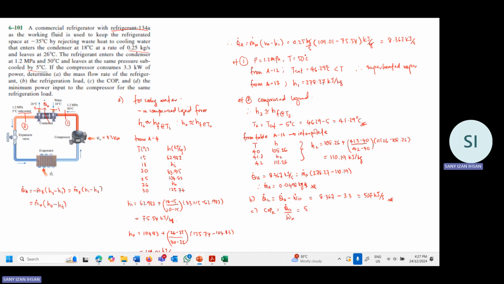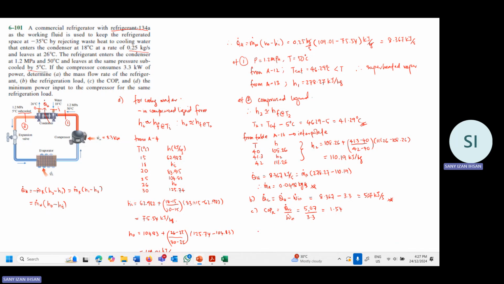QL just calculated 5.07 divided by work in, 3.3. Check the unit, both are kilojoule per second. So from here you can say that it is 1.54. That is your coefficient of performance for the refrigeration. Not too high, just slightly above 1.